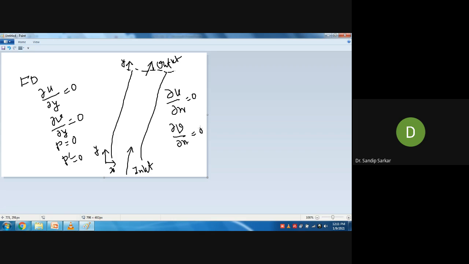And p is always specified. So either it is 0 or some value you are specifying. In general it is 0. For example, if it satisfies the atmospheric boundary condition, if p is 0, then p prime will automatically be 0, because p is specified, p is already known, so you do not need any correction to the pressure.